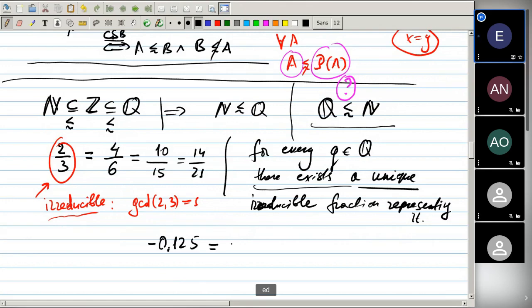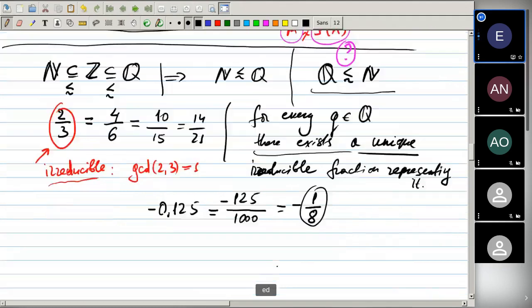Of course it is. Yeah, it can be minus 125 over 1000. But what is the irreducible expression? Minus 1 over 8. Of course. This one is irreducible. Is it clear?